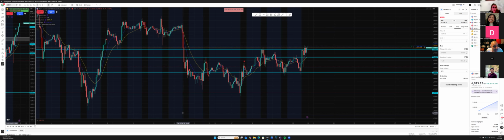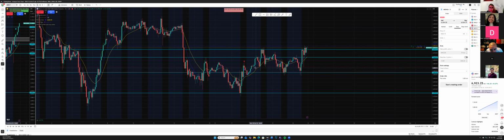Distribution is the sell-off, accumulation is the buying. That massive pattern there is distribution, and after that you'll have consolidation, which he calls accumulation. That's where they start buying, and just before the cycle goes back up, you'll have manipulation.